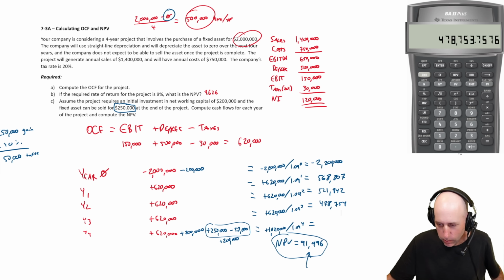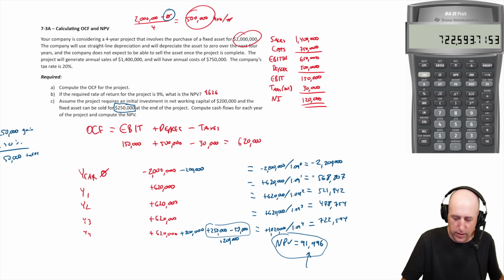And 1020 divided by 1.09 to the power of 4, 1 over x times 1020. 722,594.